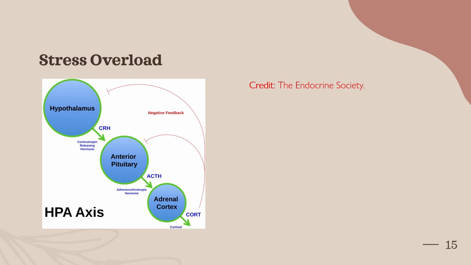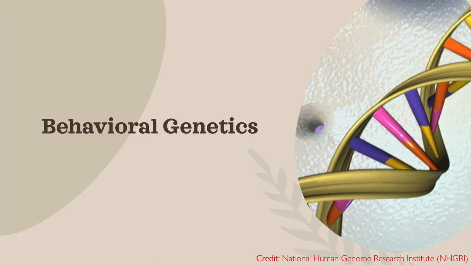The main reason the memory center struggles is because of a hormone called cortisol. Every time a person enters a manic or depressive episode, the body enters a high stress state and floods the brain with cortisol.